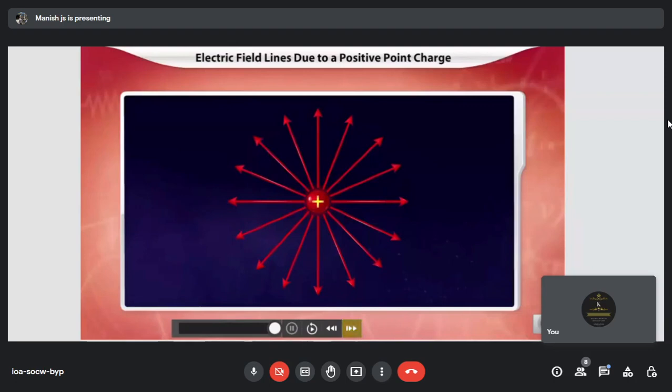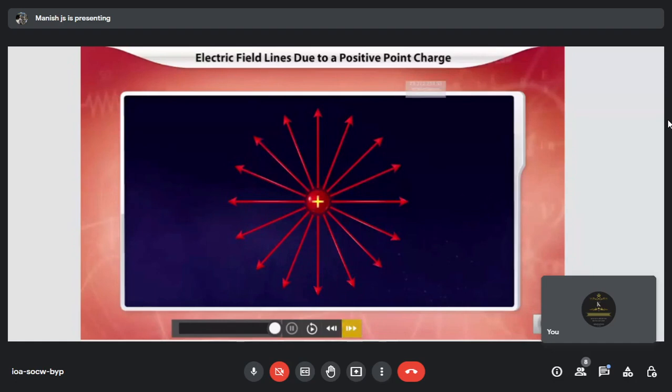So electric field strength is decreasing as you move away, but if you're closer, the electric field strength is increasing. Why? Because the number of electric lines of force passing per unit area is greater as you are closer. If you are very close to the positive charge depicted here, the electric field lines are greater there. That's the reason the electric field strength is also greater.